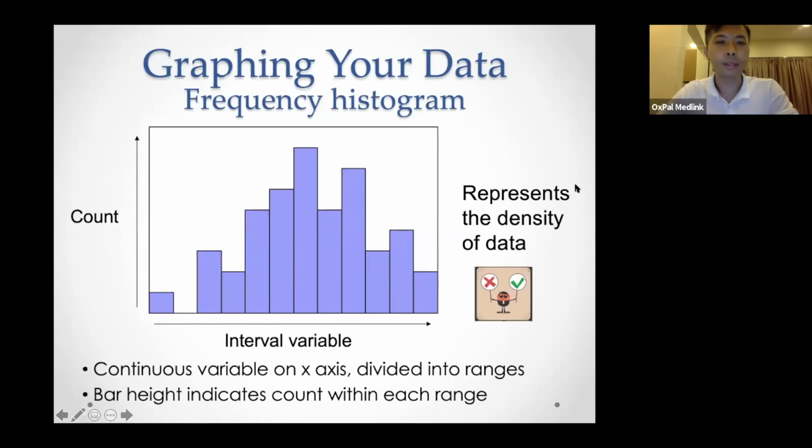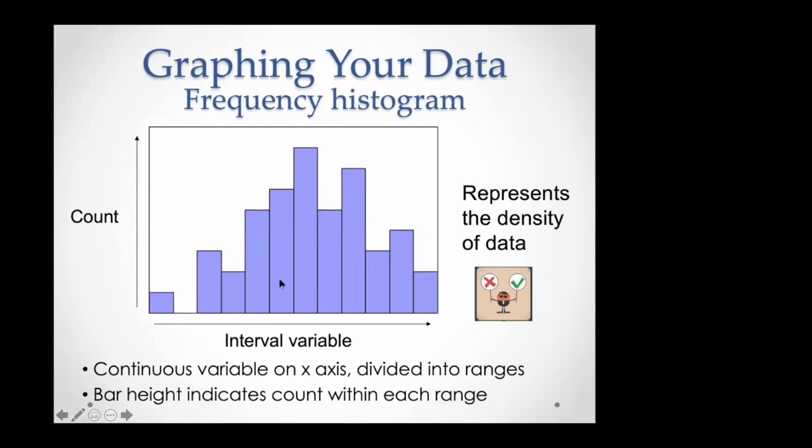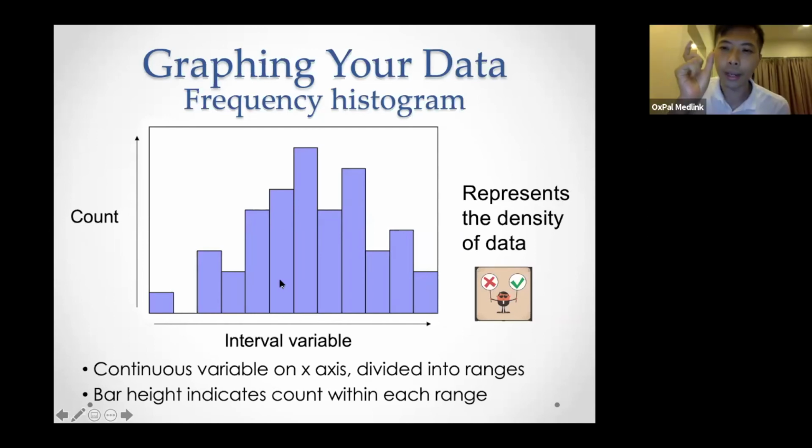So the area under the curve represents the density of the data, because the bars are regular areas. It's not one vertical line, it's a bar. Thank you very much. Well done. So the majority have chosen true, so the answer is true indeed.